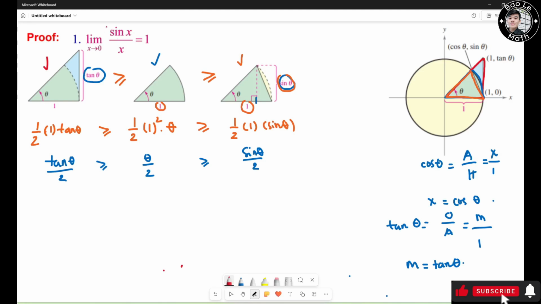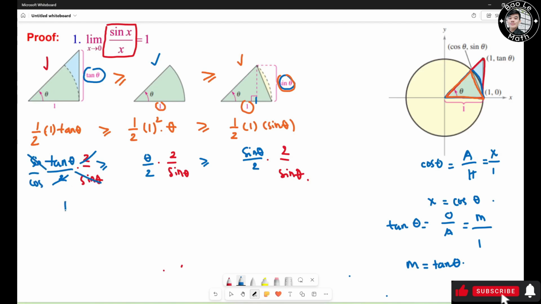Now you need to create sine theta over theta. So I'm going to multiply all 3 sides by 2 over sine theta. So what do we have? The 2 and 2 cancel out. Tangent theta is sine theta over cosine theta, so I just write sine over cosine, and this cancels out.